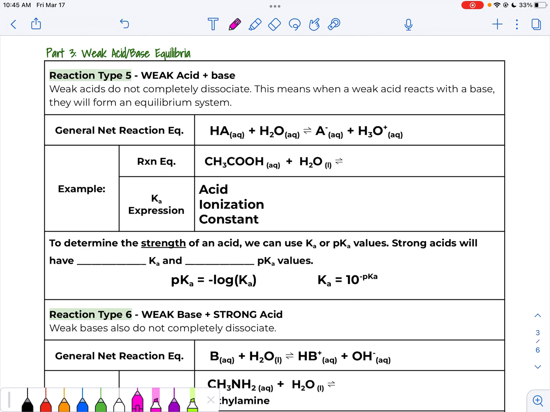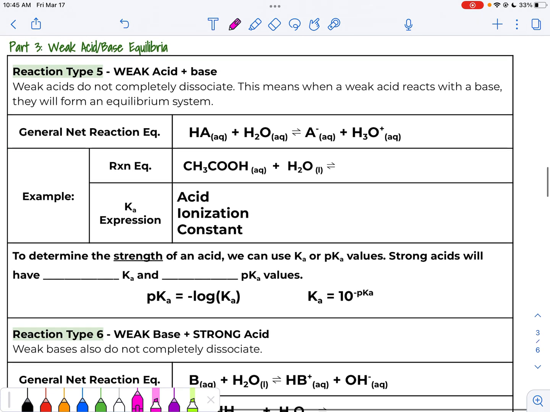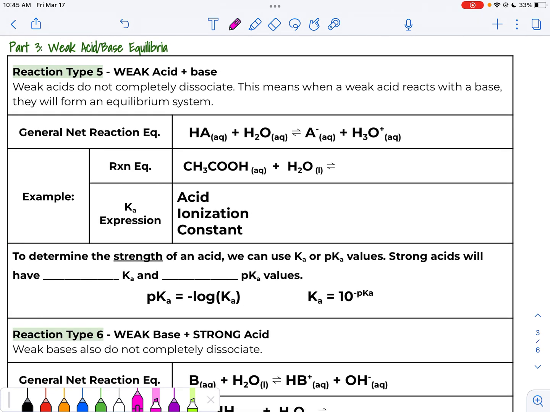So let's see what that looks like with an actual acid. So this one right here is acetic acid, CH3COOH. The reason why it's typically written out like this when we're talking acid base is because it's going to lose that hydrogen right there. So it's kind of just a helpful way of saying which hydrogen is going to leave. Oh, that one, it's on the end. We will talk about acid structure next week.